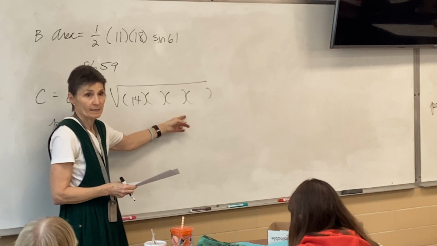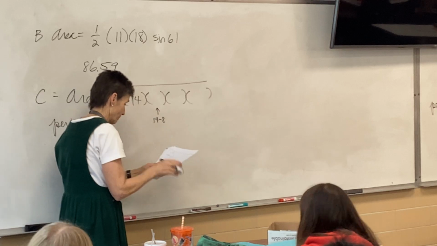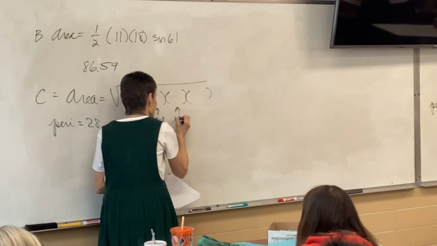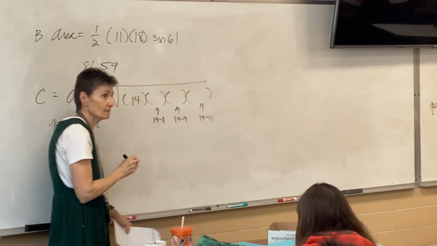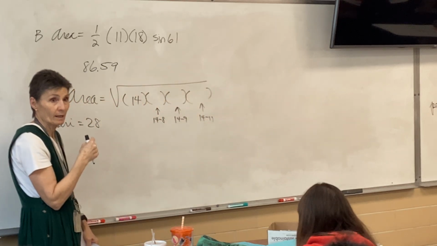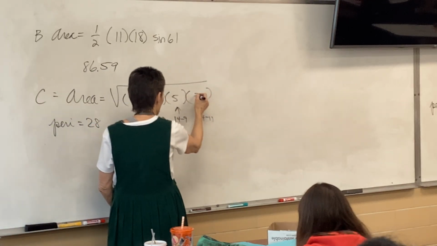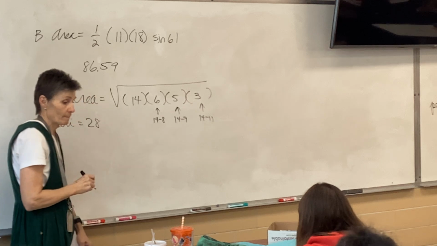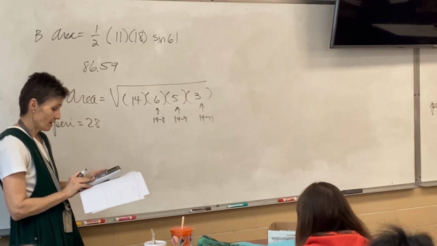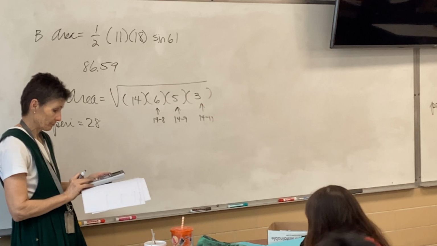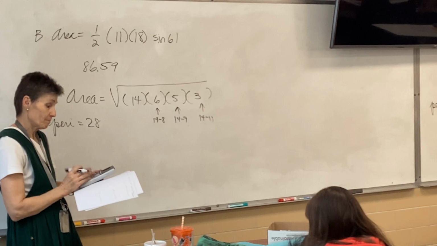What goes here is 14 minus 8, 14 minus 9, and 14 minus 11. That's what goes into the formula. So that's going to be 6, 5, and 3. Then we multiply it all together. 35.50.